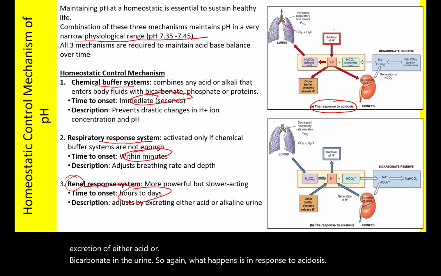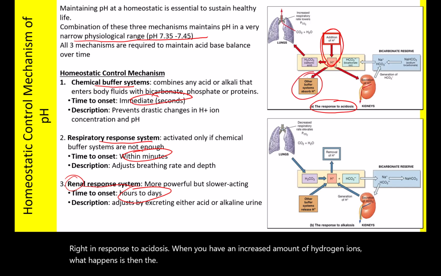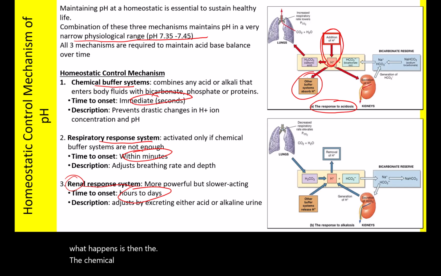In response to acidosis, when you have an increased amount of hydrogen ions, the chemical buffer systems kick in to absorb the excess protons.